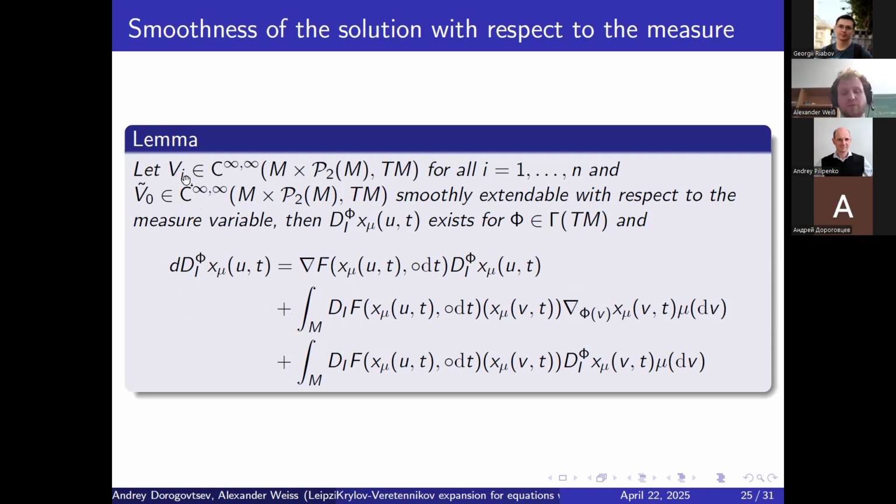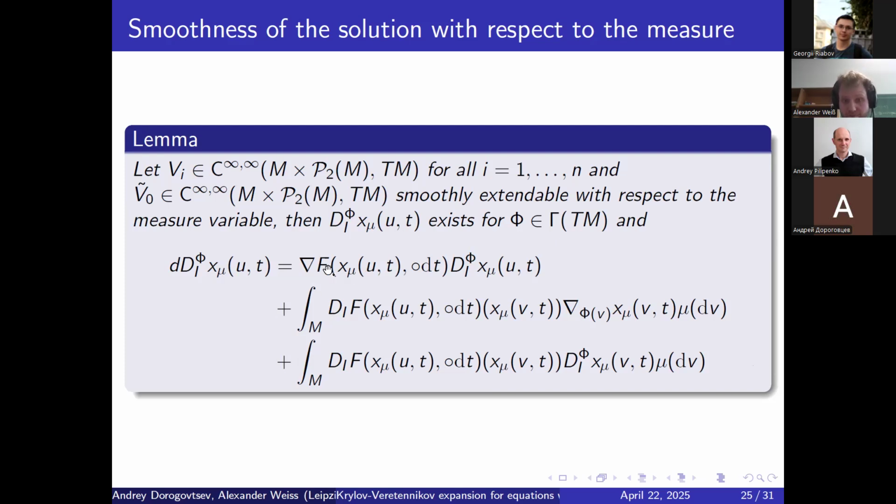So what we assume is we want our vector fields to be smooth in both components actually, because we will probably need this later. And they need to be smoothly extendable onto the entire Rn. So not only with respect to the spatial variable, but also to the Wasserstein variable. Then the intrinsic derivative of our solution exists for all smooth vector fields phi, and it solves such a differential equation on the tangent bundle.